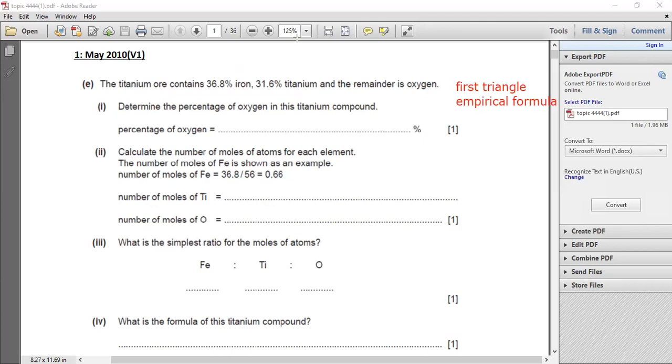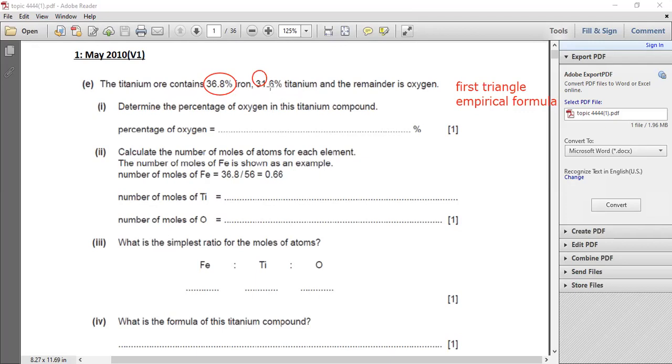So here, what I need to say, you can see percent. So this is exactly like gram. Maybe he will say 36.8 gram, maybe he will say 36.8%. The same.